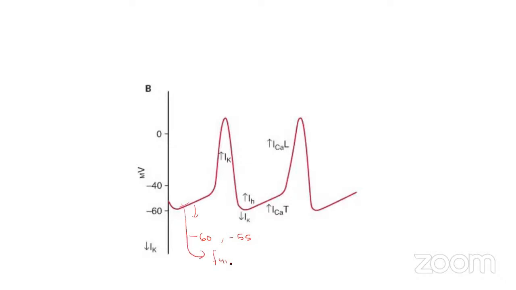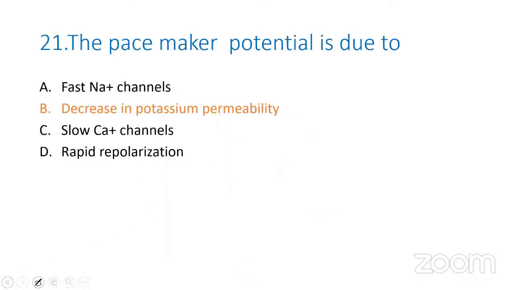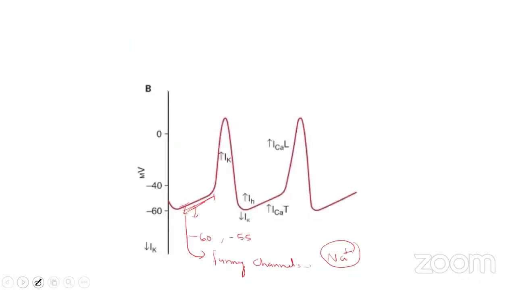This potential is due to a certain type of channels known as funny channels, through which sodium and potassium can enter. Mainly sodium enters through this channel. So the pacemaker potential is due to sodium entry through the funny channel.